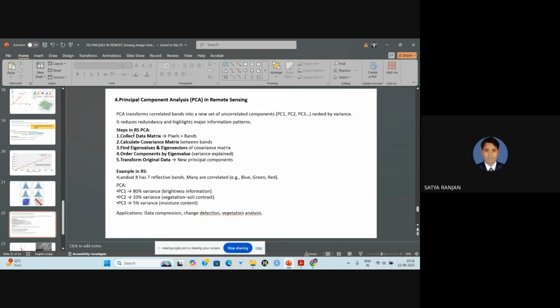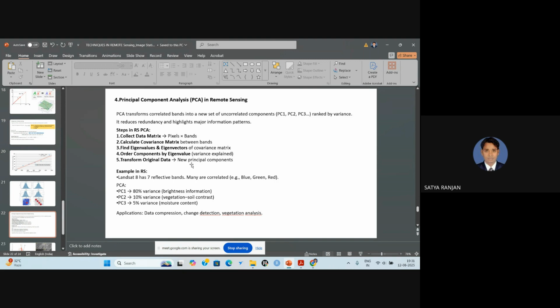The steps of PCA in remote sensing: collect the data in a matrix of pixels and bands, calculate the covariance matrix between the bands, then find eigenvalues and eigenvectors of the covariance matrix, then order components by eigenvalues and variance explained, then transform the original data into new principal components.